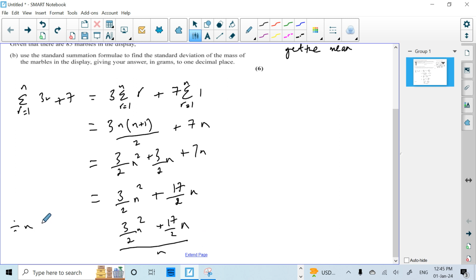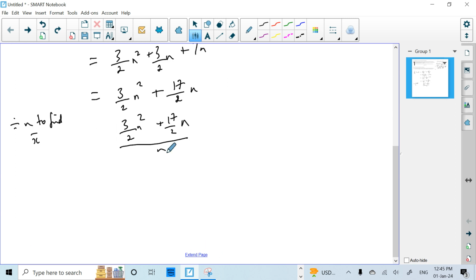To find the mean, or x bar, that gives you 3 over 2 n plus 17 over 2, and that's what you need to show.